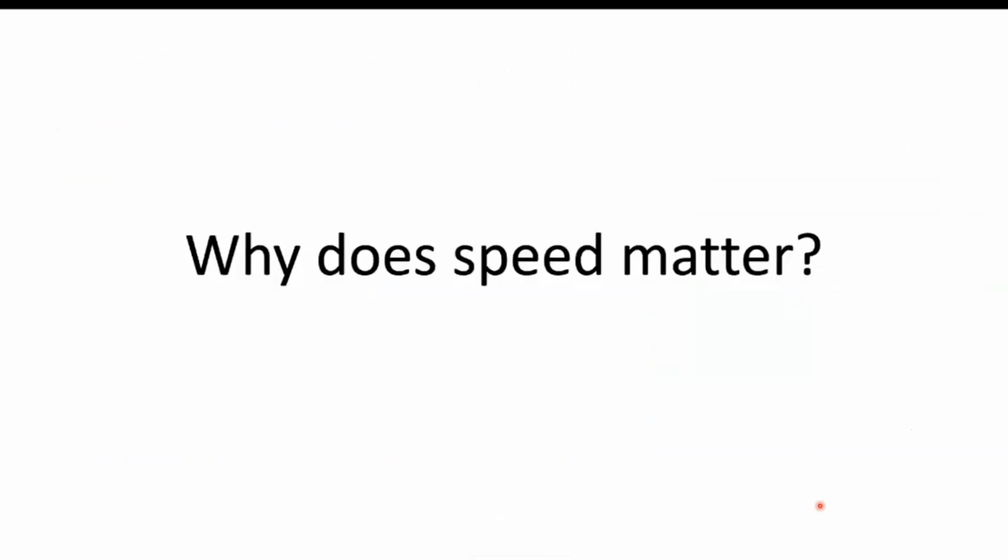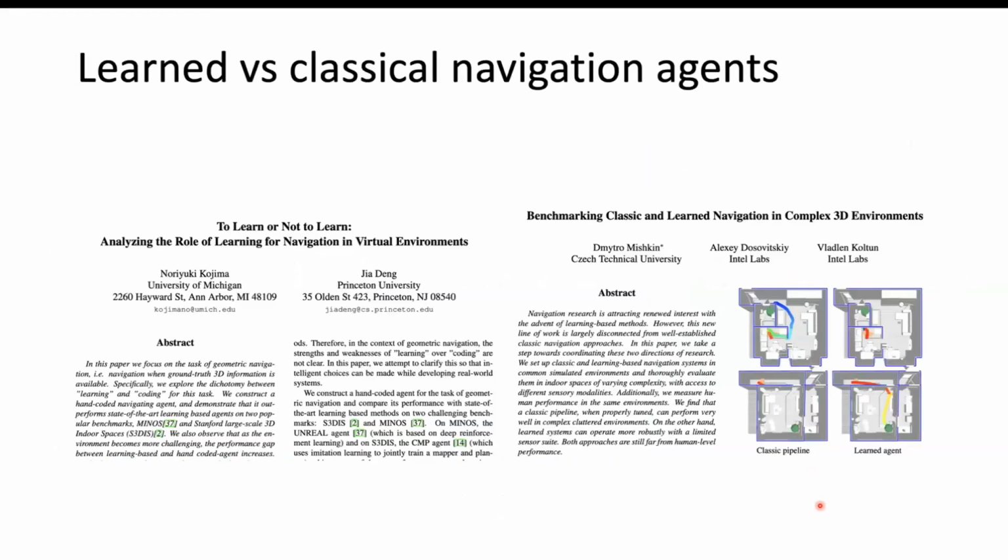Now, at this point, maybe some of you may ask, why focus so much on the speed at which these simulation platforms can run? And to answer that question, I'll give an example from a couple of papers at the time. These were papers that emerged at the time that this work was being done, that were studying this question of comparing learned methods for visual navigation to classical stacks, SLAM and navigation stacks.